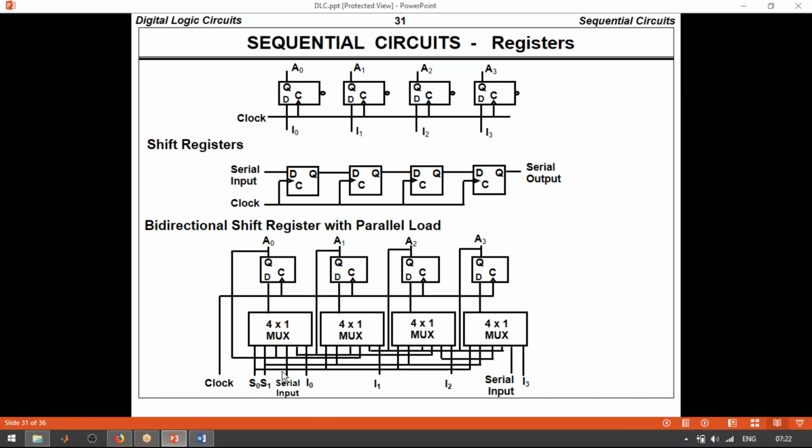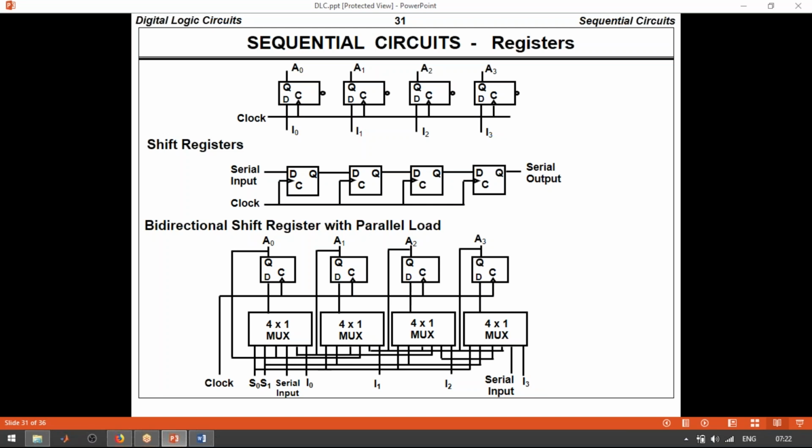For 2 selection lines you have 4 inputs for a multiplexer. One is serial in of right shift, another one is left shift, then parallel load, and another one is serial in, serial out, in both right and left shift.